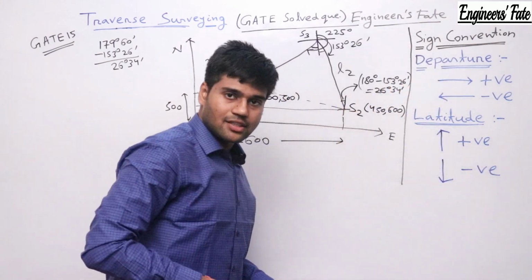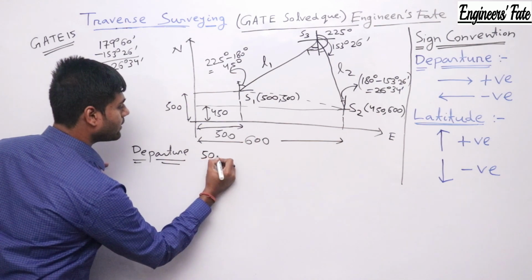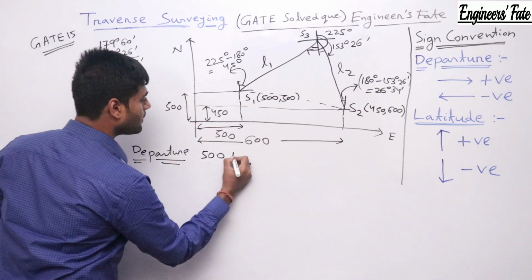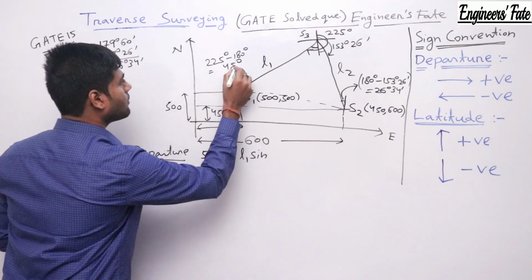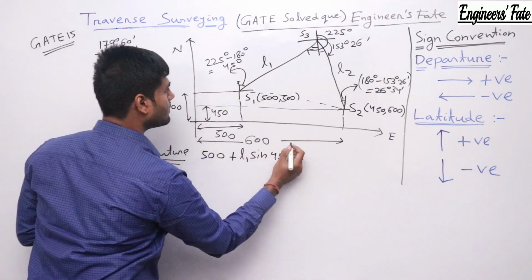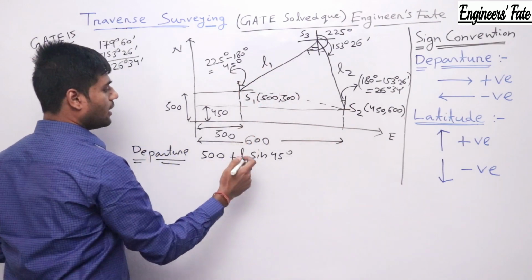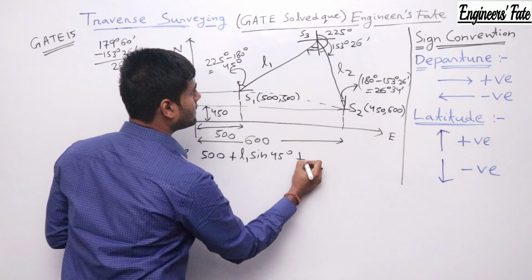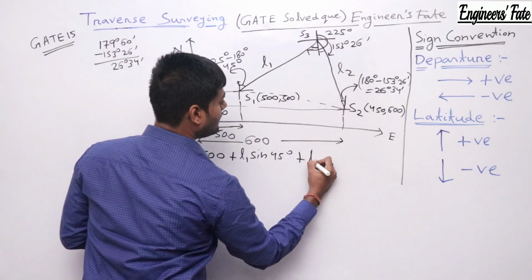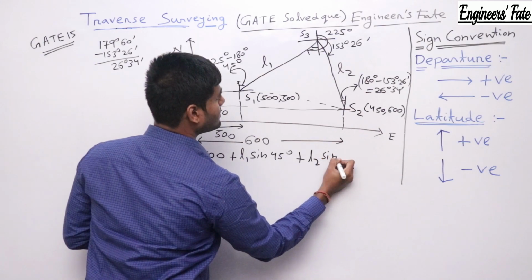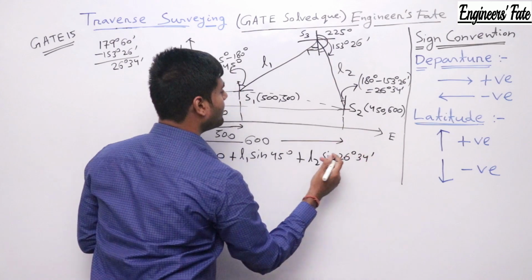So what will be the equation? 500, 0 to here 500 plus L1 sine 45 degree, this is the departure value of this line, plus again this thing, that is L2 sine 26 degree 34 minute.